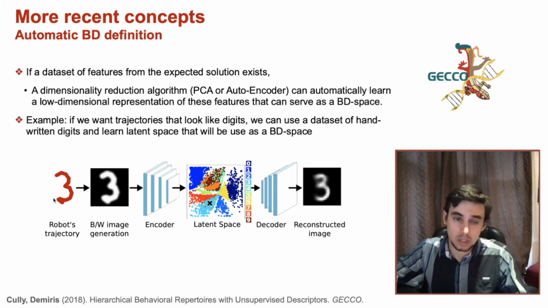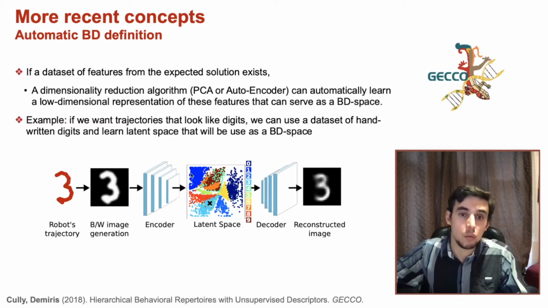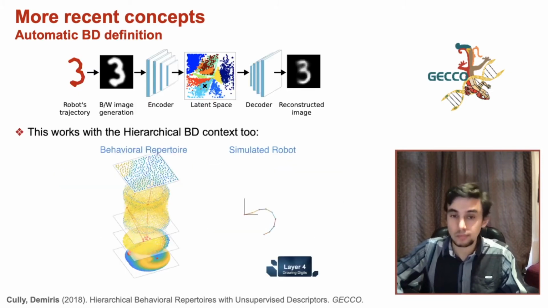So if my robot draws this kind of trajectory, I can transform it into a black and white image, and I can feed this to the encoder to find where it has landed in the latent space. And I can use these 2D coordinates as the behavior descriptor. Then we can use the MAP-Elites algorithm to try to find one solution for every region or every position in this space.